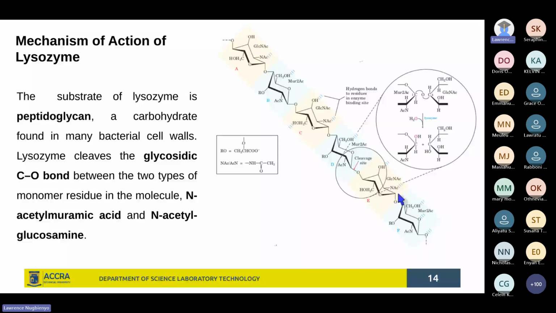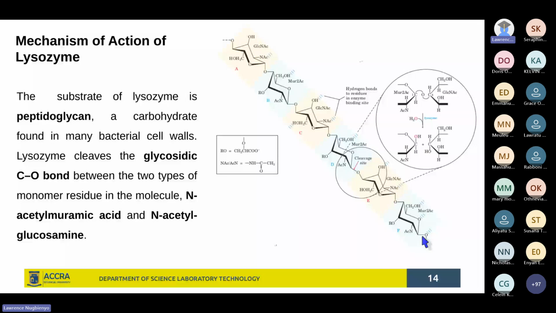Now, the structure you see on your screen is the structure of the cell wall of bacteria, which is made up of alternating molecules of muramic acid and acetylglucosamine, with the bond between them being a glycosidic bond.